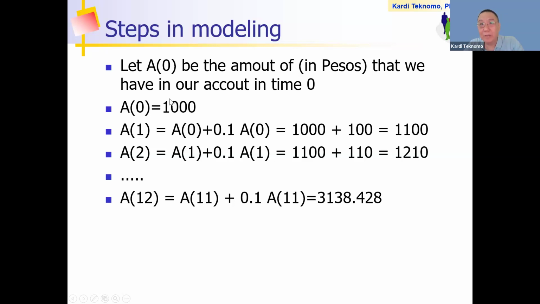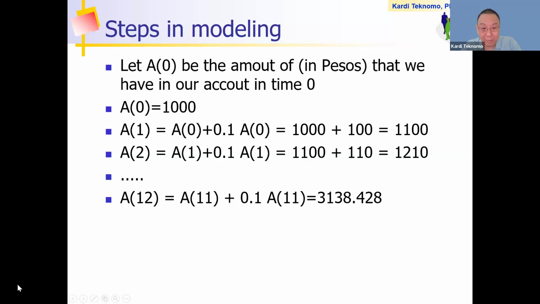If you compute it this way, eventually you will get 3,132 in the 12 years. Your initial money is only 1,000, but because of the interest and keep compounding, your money in 12 years becomes 3,100 plus.